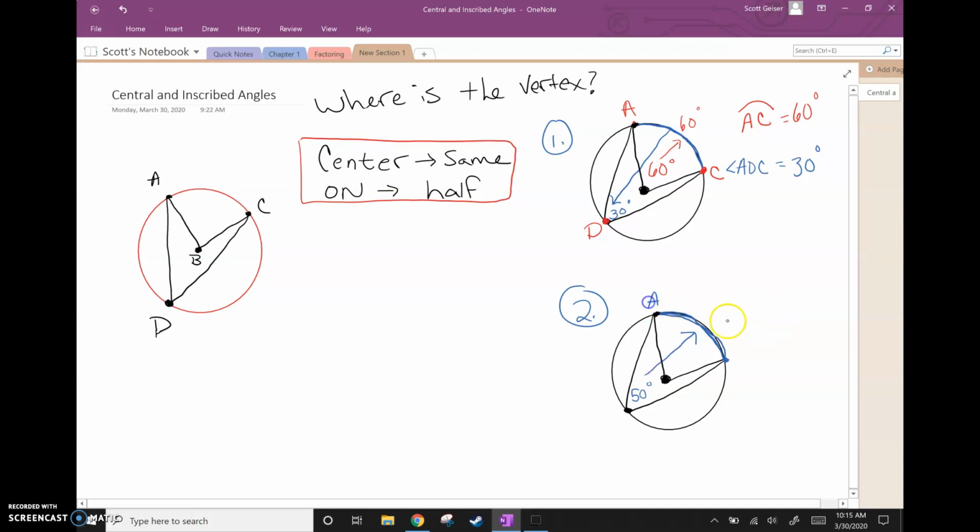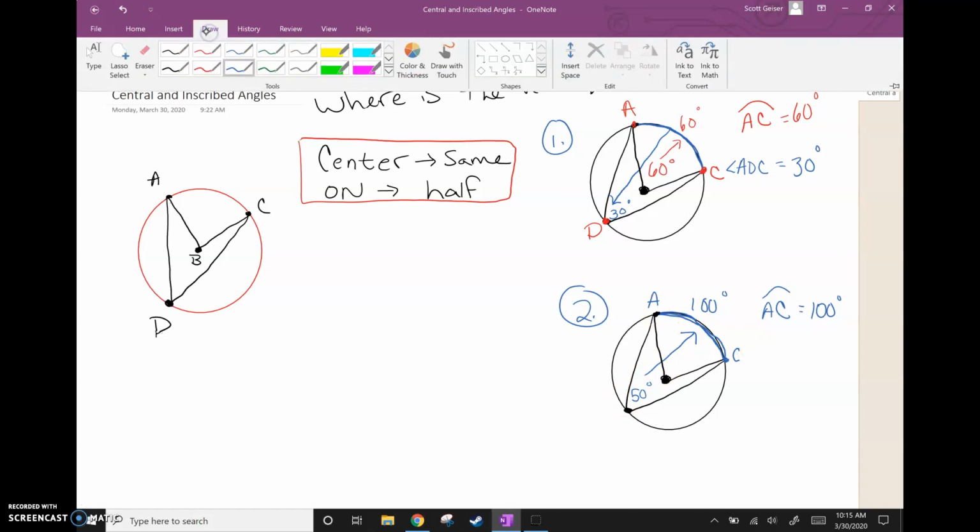So arc AC would be 100 degrees, because the angle is half of the arc. If it's on, it's half. So if I bring it out to the arc, I multiply it by 2.